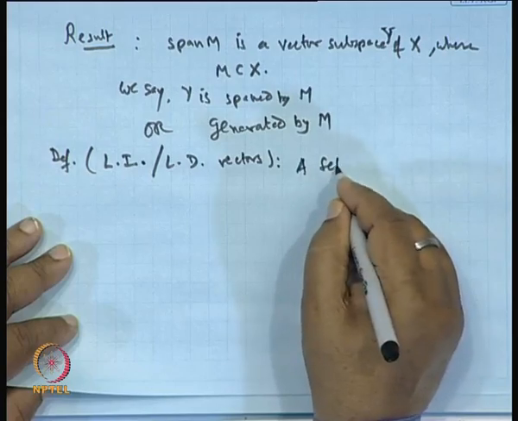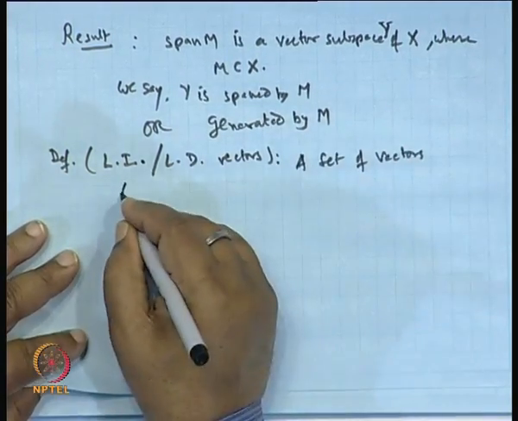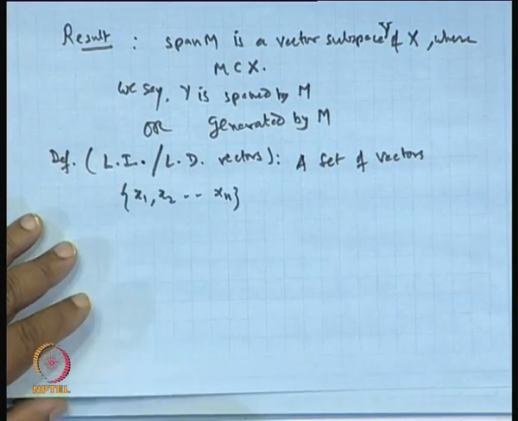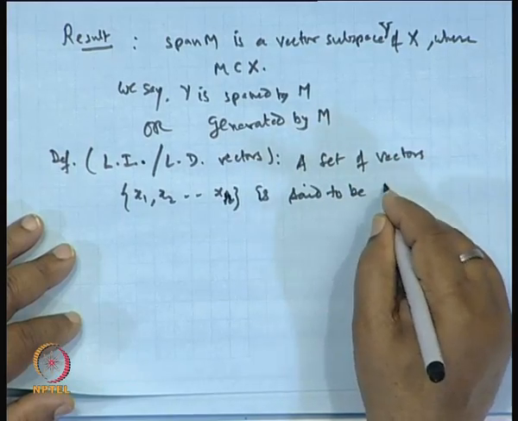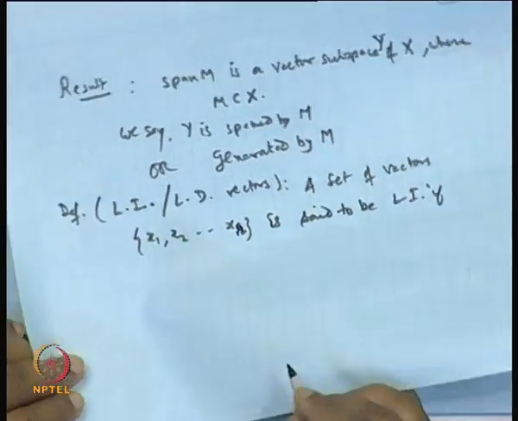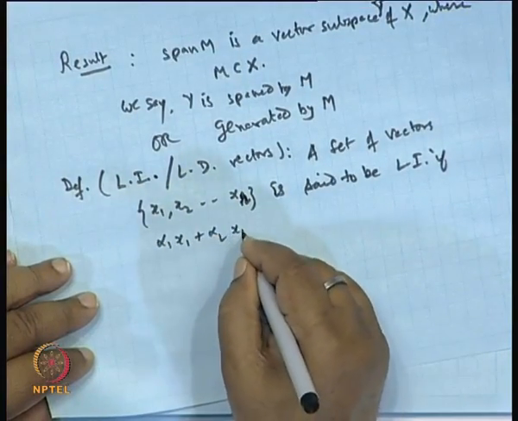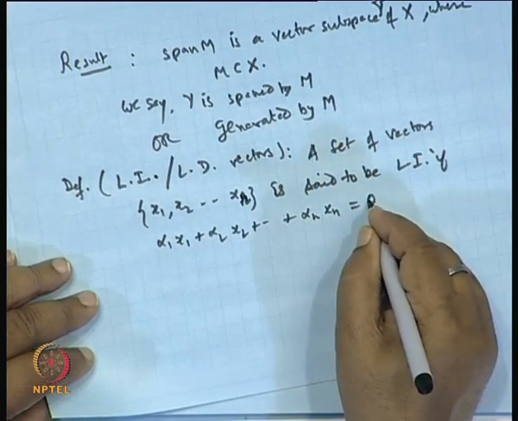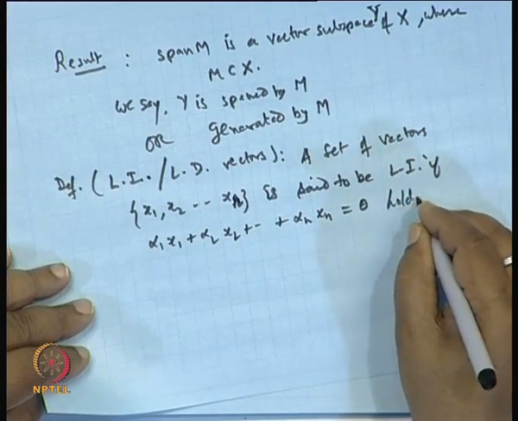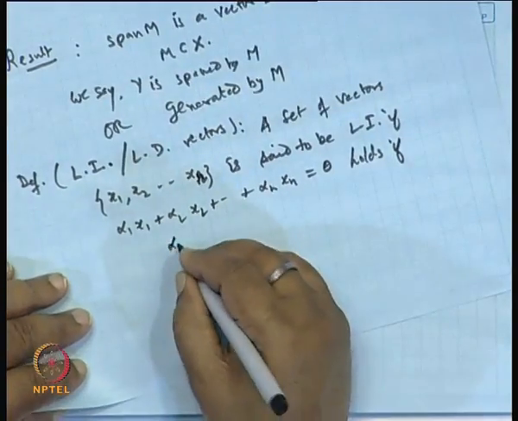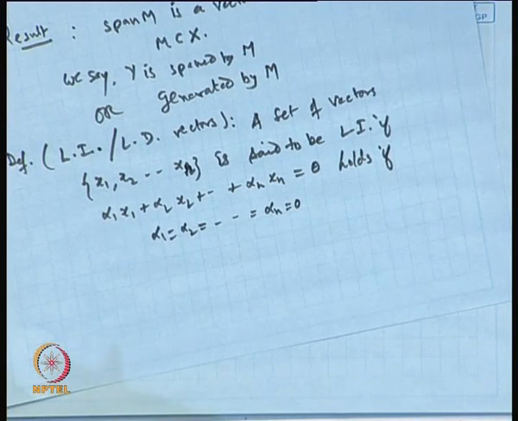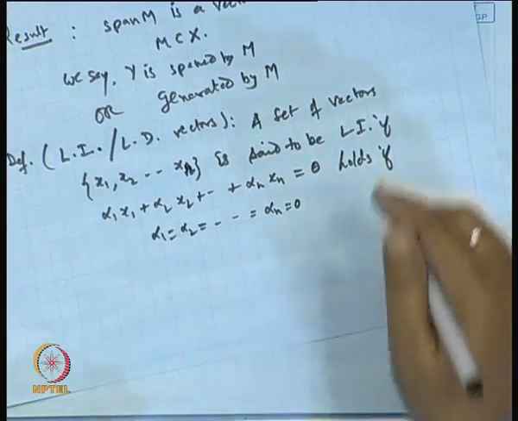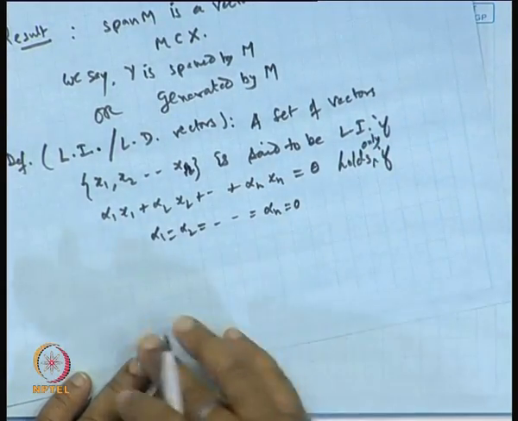A set of vectors x 1, x 2, x n is said to be linearly independent if alpha 1 x 1 plus alpha 2 x 2 plus alpha n x n equal to 0, the zero vector theta, holds only if all alphas are 0.